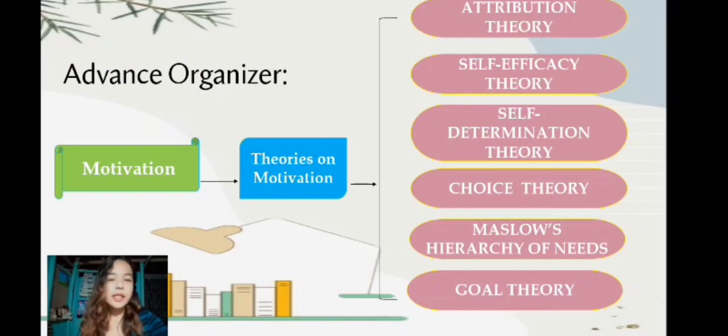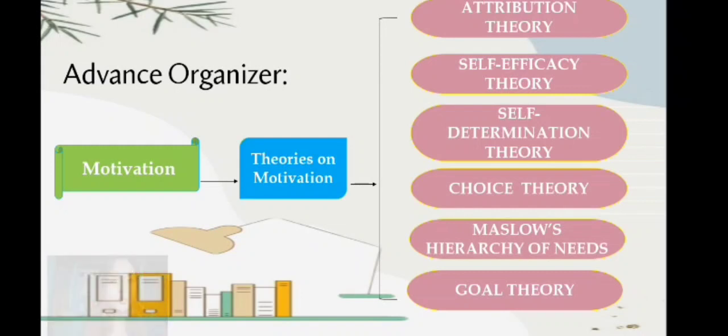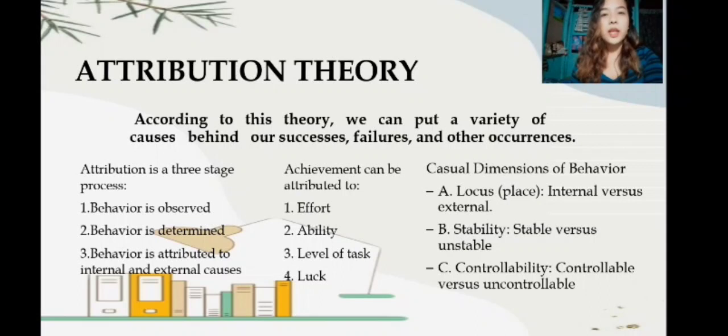So here is an advanced organizer about the topics we will be discussing in this module. So let's start with attribution theory. This theory was developed by Bernard Weiner himself. According to this theory, we can put a variety of causes behind our success, failures, and other occurrences.